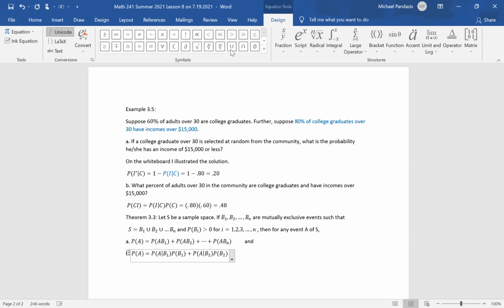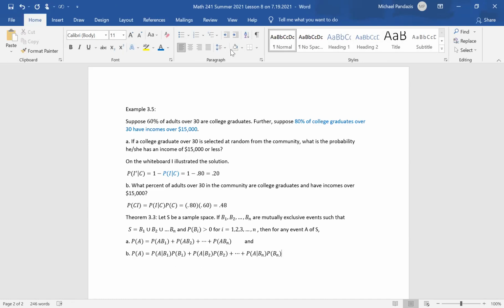So this might look hard, but it's directly from A. So first you would prove A, and then you would prove B. So theorem 3.3: let S be a sample space, if B1 to Bn are mutually exclusive events such that S is the union of those events, and the probability of each B sub i is positive for all the i's from 1 to n, then for any event A of S, you have the following two statements.